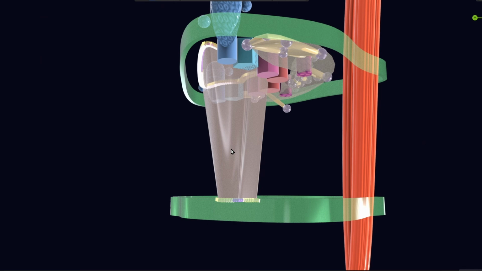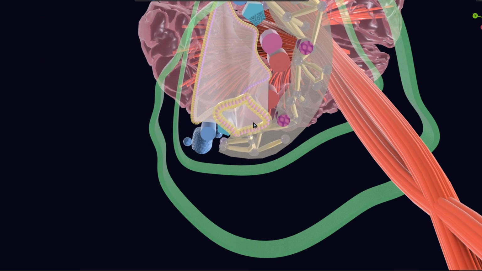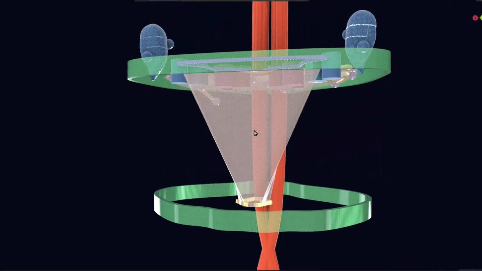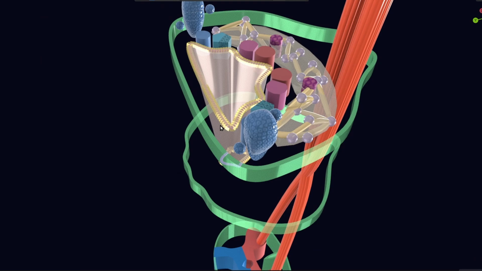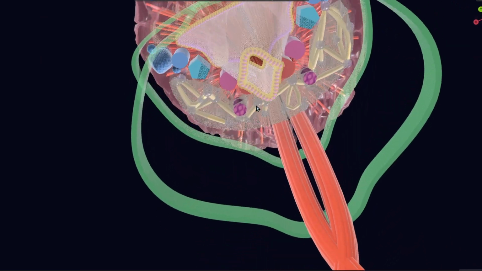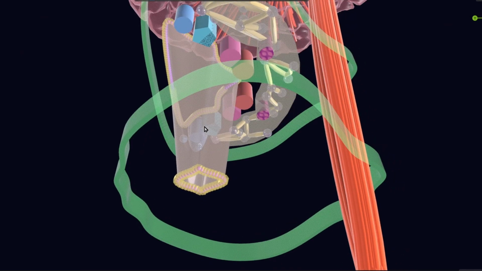That is why the medulla as a whole is said to be the transitional zone between the spinal cord and brainstem, and this is especially true for the lower part, because this arrangement is very similar to what you see in the spinal cord. In the upper section it opens widely like this, but in the lower section it is not widely open.